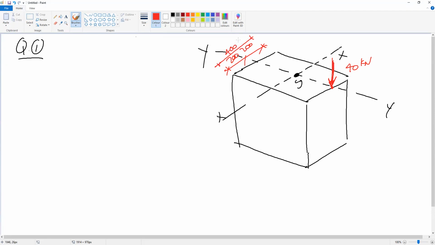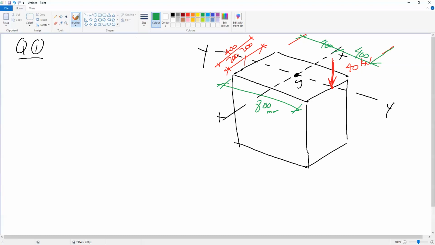Also, this block in this direction, we have 400 millimeter. So the total dimension here is 800 millimeter. Okay, so this is the block and the forces we have on the block.